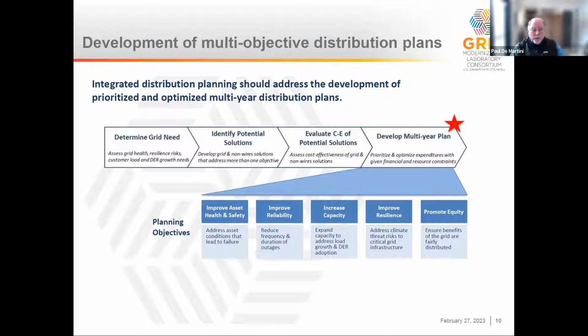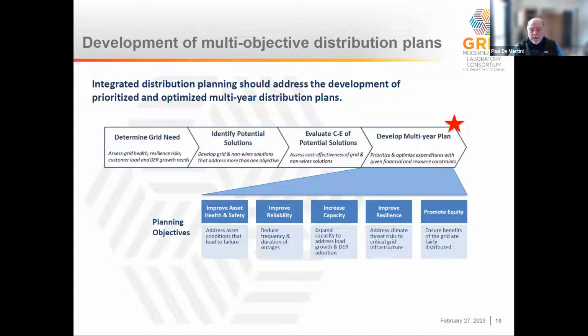What are those, whether they're traditional grid investments or modernization technologies, or non-wire solutions. What that mix is, then evaluating them on an individual basis, as Fritz was describing, but then within an overall portfolio, developing a multi-year plan that is both prioritized and optimized with respect to those expenditures, given financial and resource constraints.